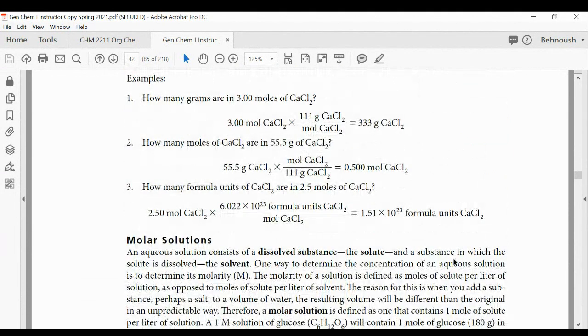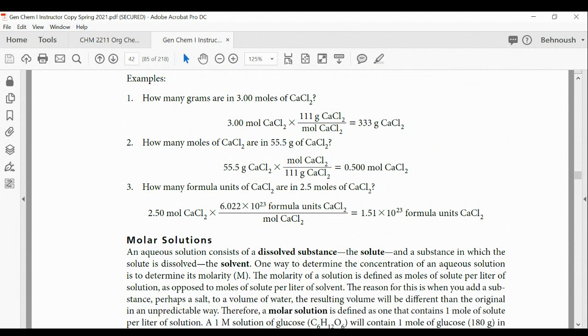Now, how could you find moles? What are different ways to find moles? Could you tell me what are the different ways? There are a few ways to find moles. Add up the element AMU from the periodic table, that would be molar mass, right?